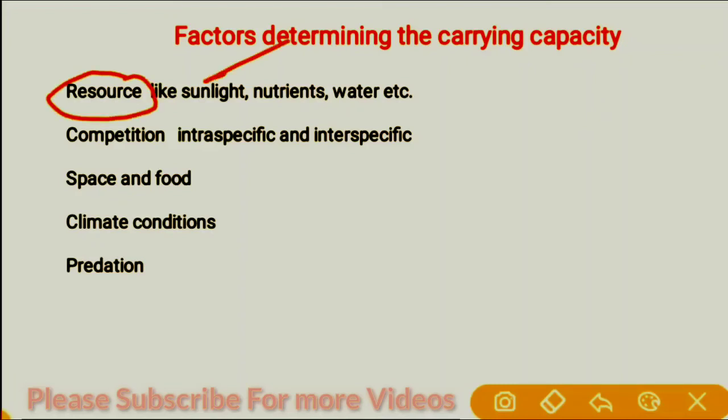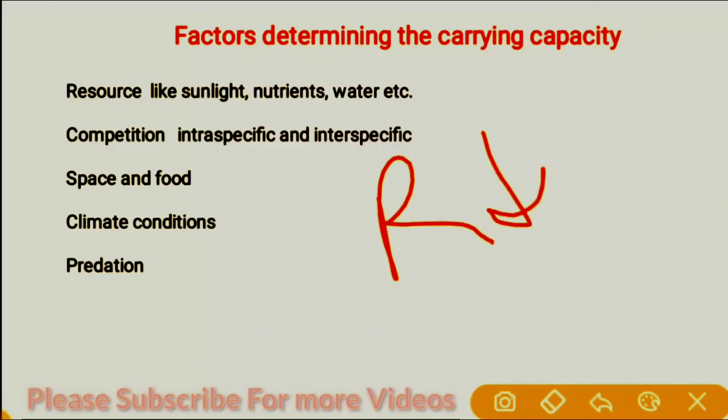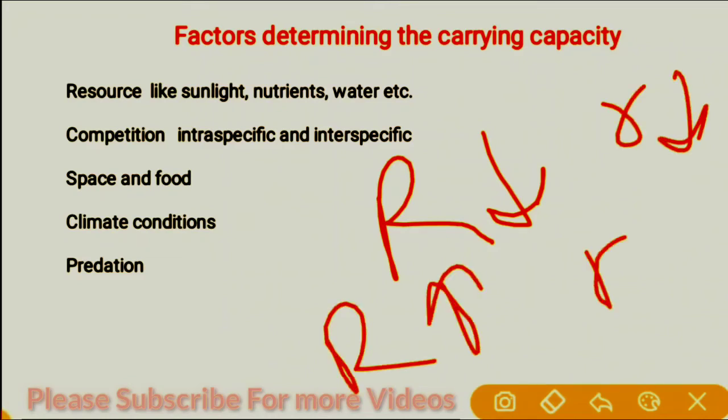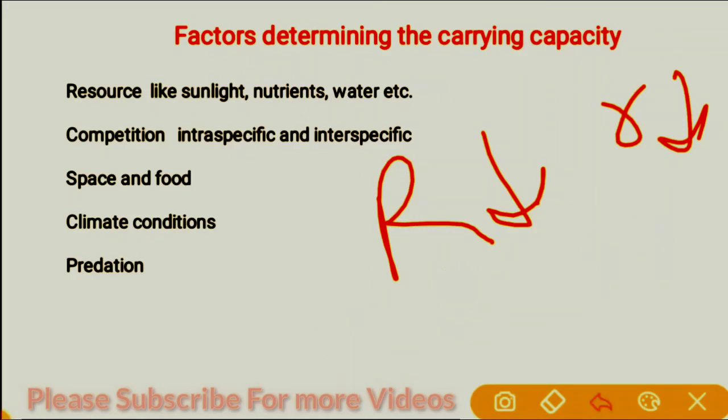Resource may be sunlight, nutrients, water, etc. for photosynthesis. If the resources are less, then the intrinsic rate is also less, and r will also be less. If the resources are high, then r will also be high. It depends on the resource.